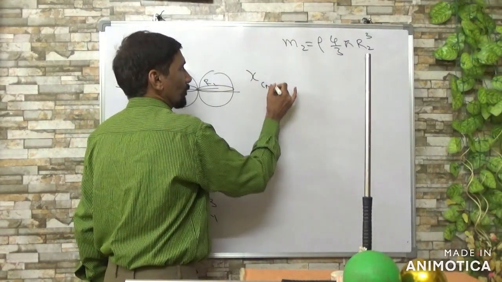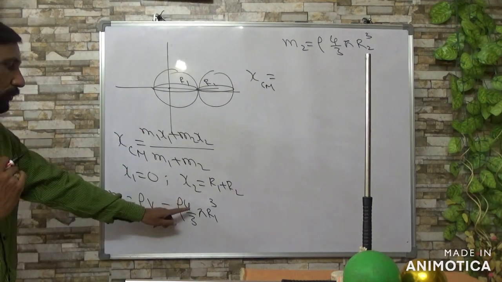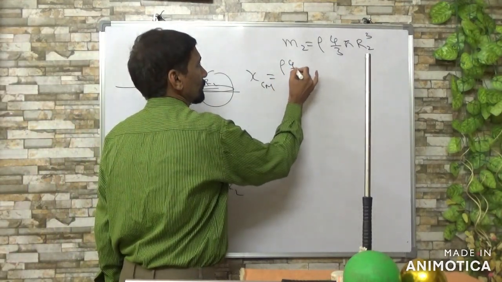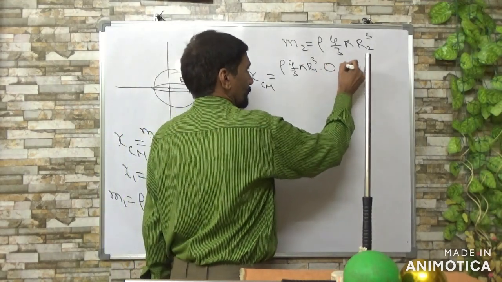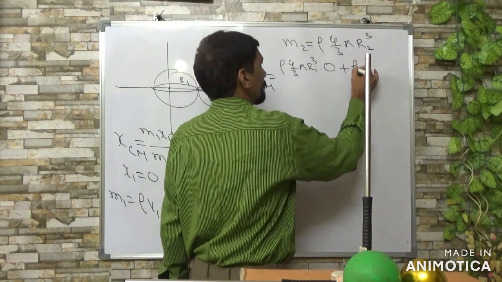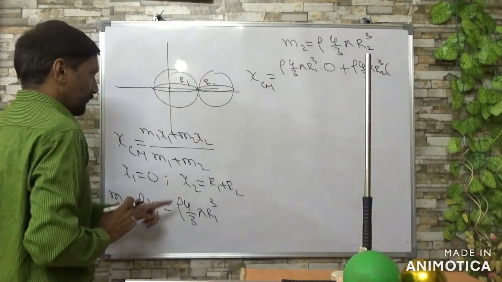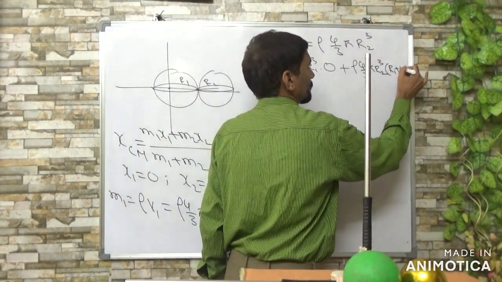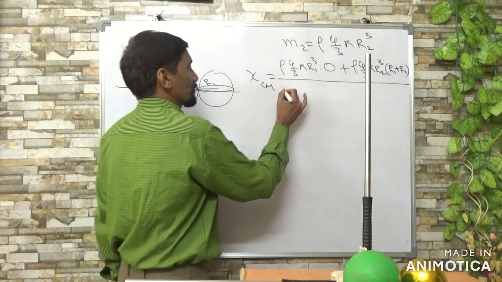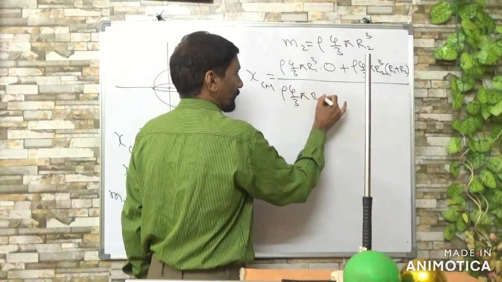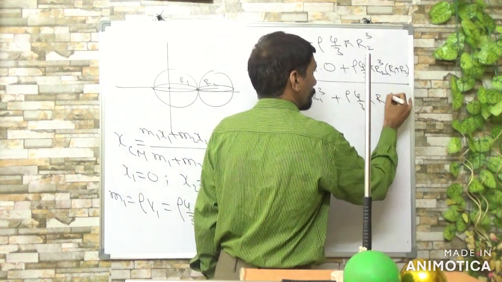Then xcm is equal to the first one, rho 4 by 3 pi r1 cube, into the corresponding distance 0, plus the second one, rho 4 by 3 pi r2 cube, into the distance x2, which is r1 plus r2, by the total mass of the system. The first one, rho 4 by 3 pi r1 cube, plus rho 4 by 3 pi r2 cube.